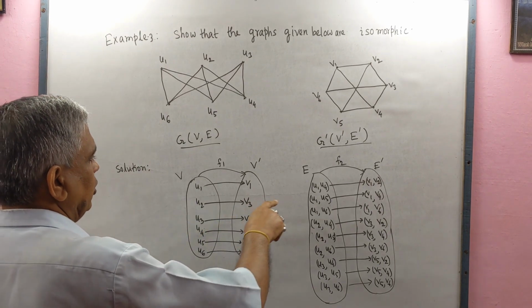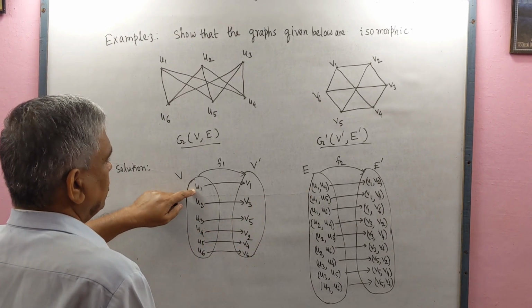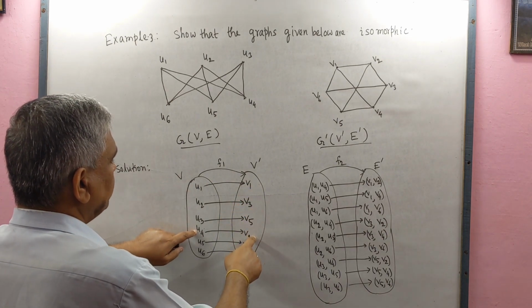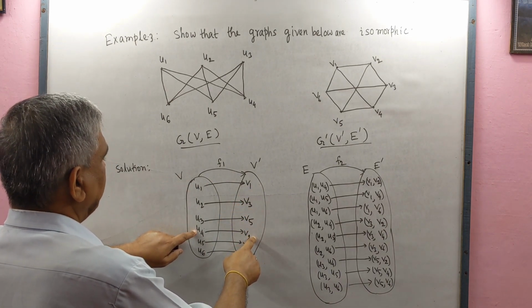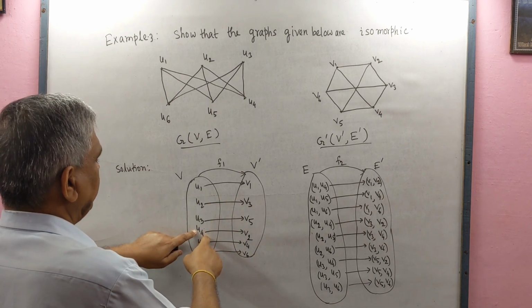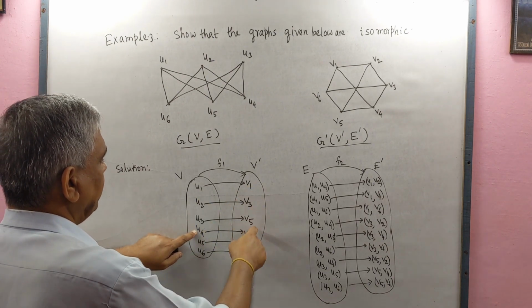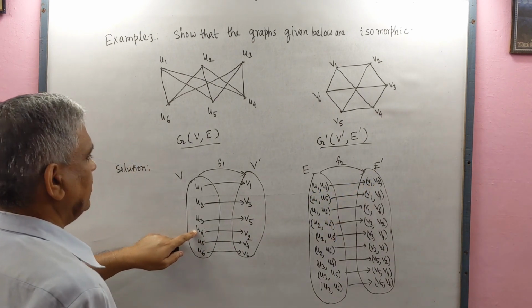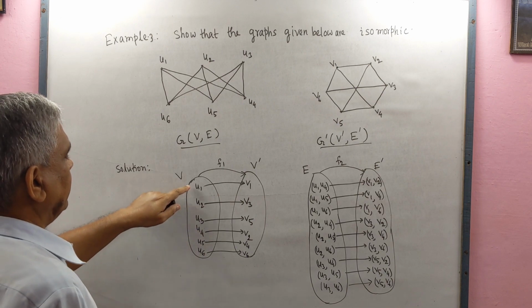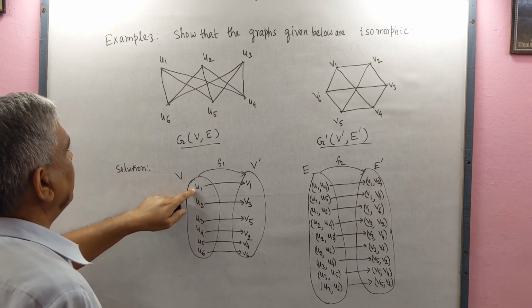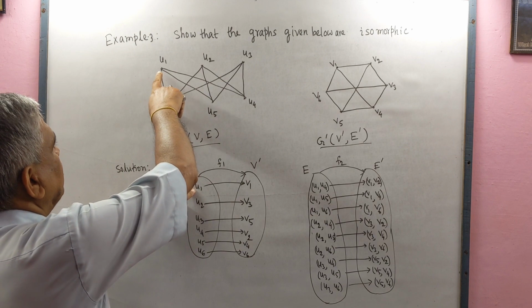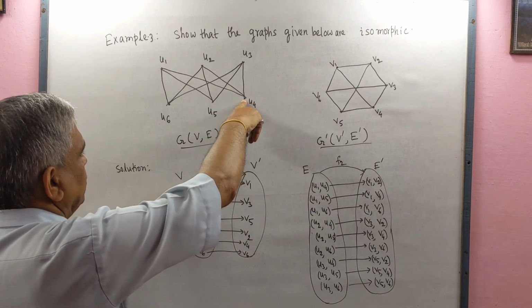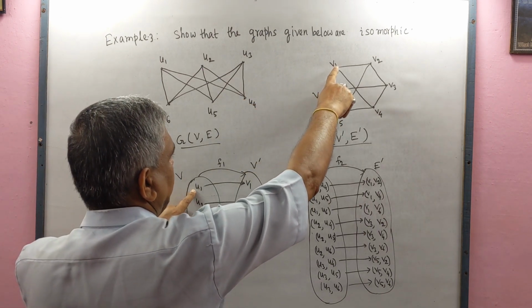Since U1 corresponds to V1 and U4 corresponds to V2, therefore the U1U4 edge corresponds to the V1V2 edge.